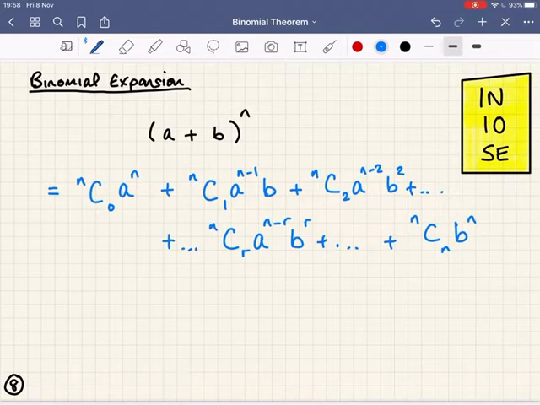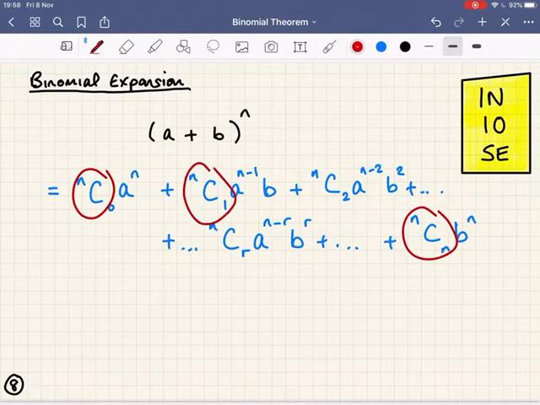Now, of course, there are some bits in here that we don't really need to worry about too much, because nC0 and nCn will always be 1, and nC1 will always be n. So we can simplify that formula if we like.